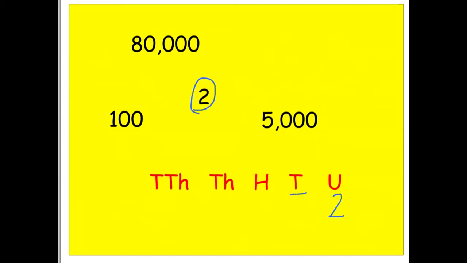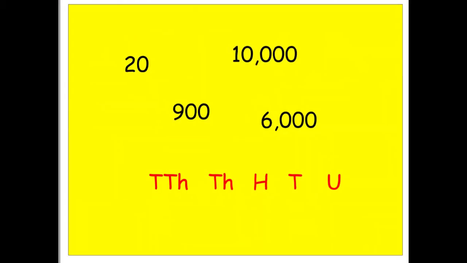Tens has 2 digits, but there are no tens, so I need to put a 0 in. My hundreds, there's just a 1 of those. Then my thousands has 4 digits, and there's 5 of them. My tens of thousands have 5 digits, and there's 8 of those. So my final answer is 85,102.